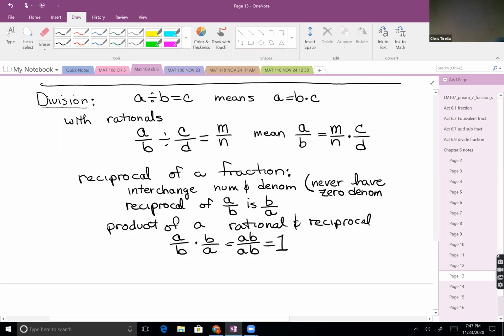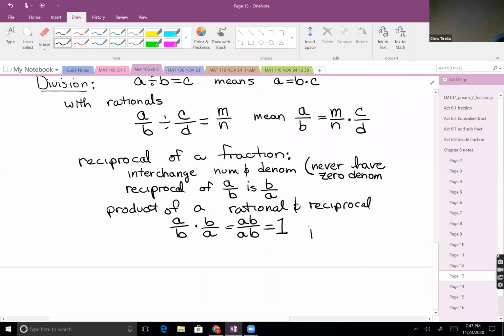And so the product will always be 1. Again, making sure that I'm not multiplying by a 0 denominator.